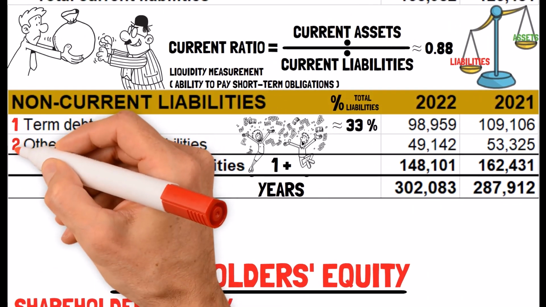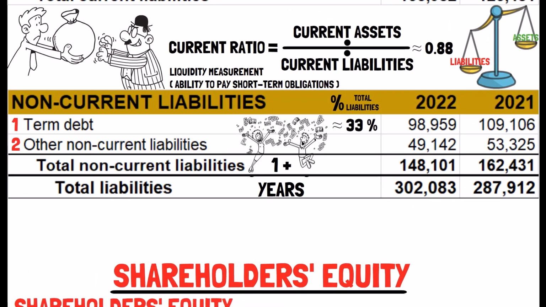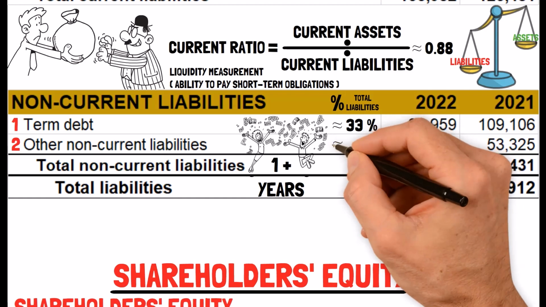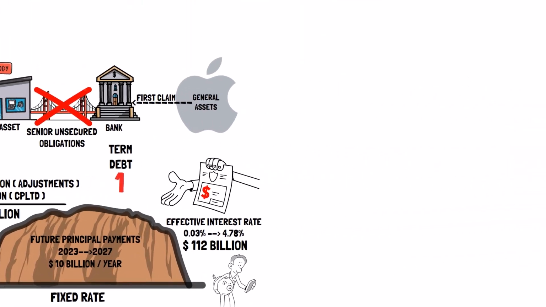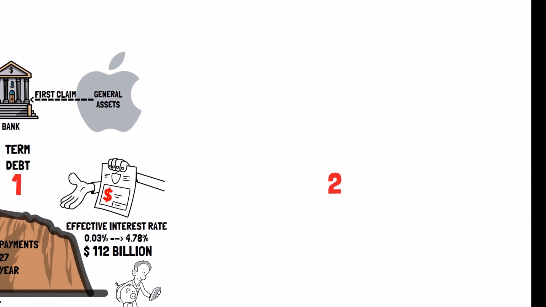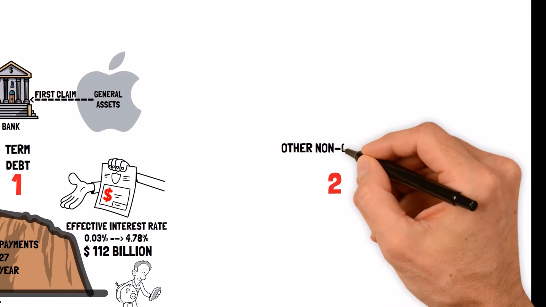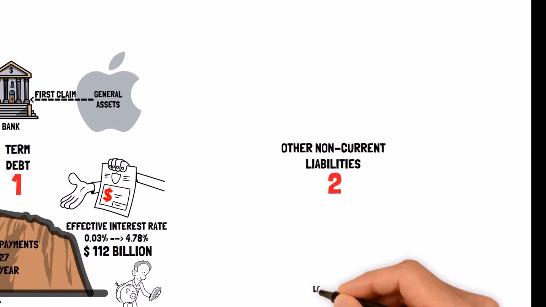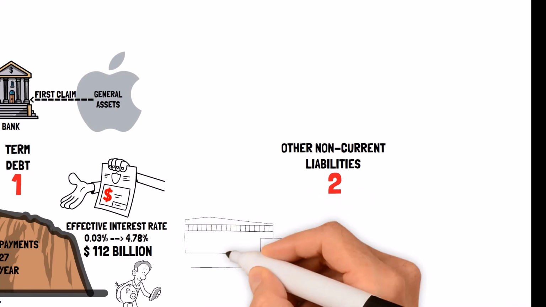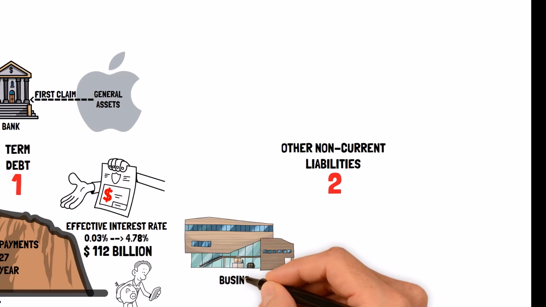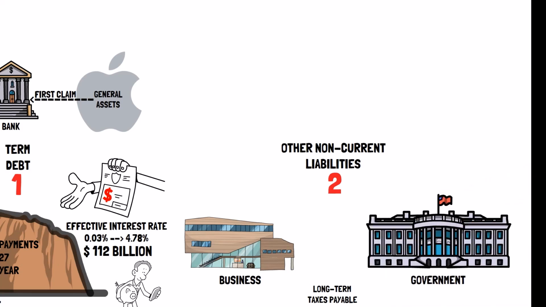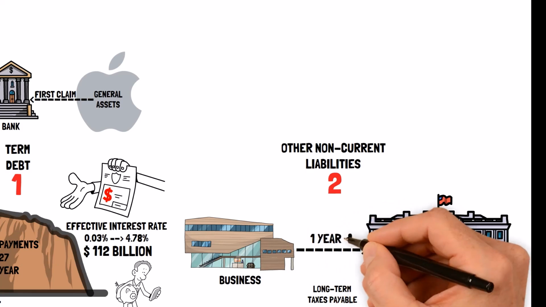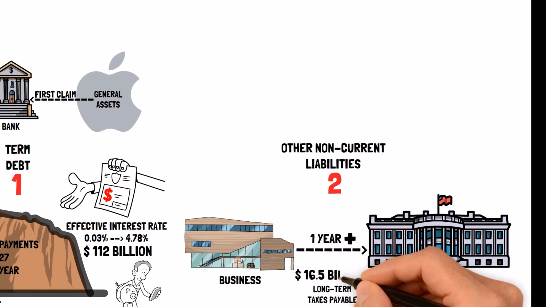The second and last row are other non-current liabilities and comprise about 16% of the total liabilities. A large portion of Apple's other non-current liabilities consist of long-term taxes payable. It represents taxes the business needs to pay to the government, and as they account for non-current liabilities, in this case, it is after 1 year, with a total amount of $16.5 billion.